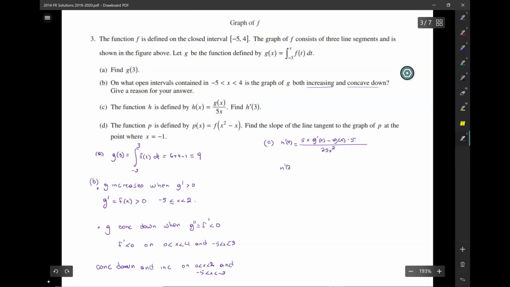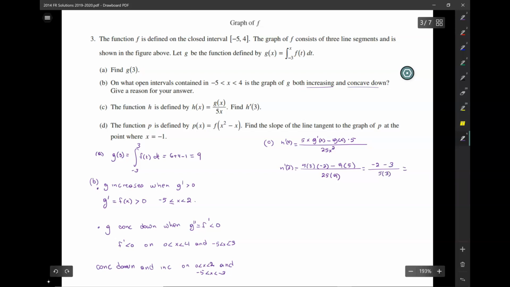Okay, so h prime of 3, look at what I did here. 5 times 3, -2, minus 9 times 5. It's chain rule and quotient rule in one. And then when you get to here, to do some mental math, from each of these terms, you can take out a 5 and a 3. So from the first one, you're left with -2. And then if you take out a 5 and a 3, it's -3.